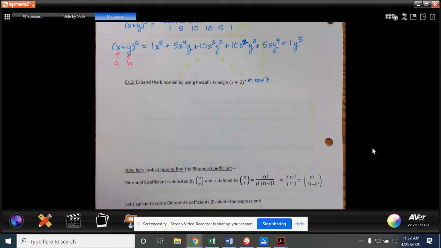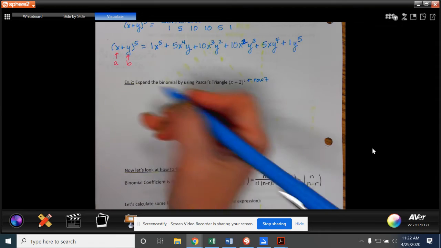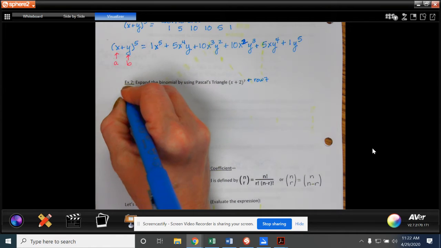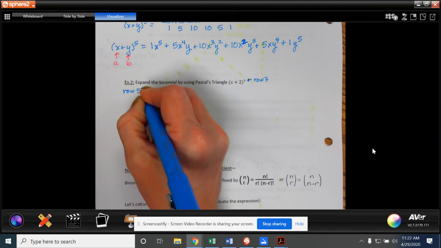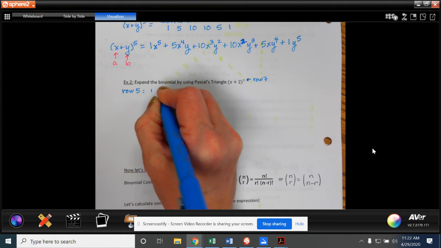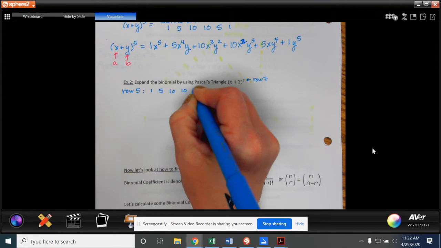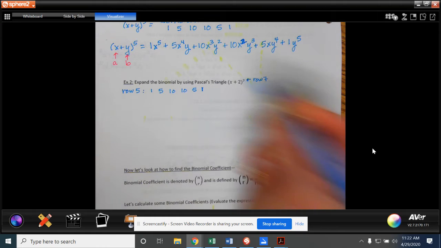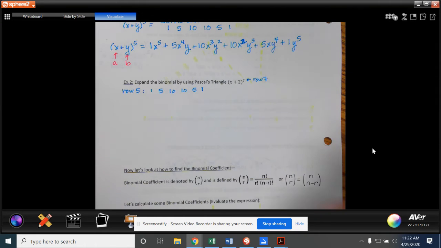Not normally. This is why I like to memorize at least row 5. And remember that row 5 was 1, 5, 10, 10, 5, 1, because that one's a pretty easy one to memorize.